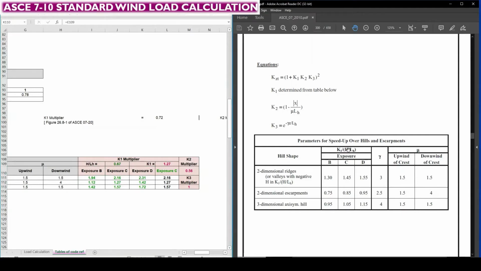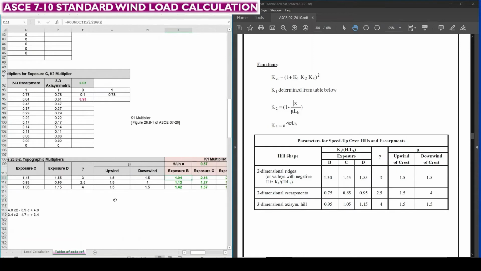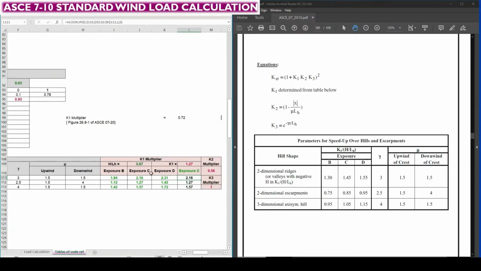K1 divided by H divided by LH. We already know that H divided by LH is 0.67, and the value 1.3 which is given here divided by this H divided by LH, we are getting 1.94. Likewise, for exposure categories B, C and D, all three topography profiles are calculated.